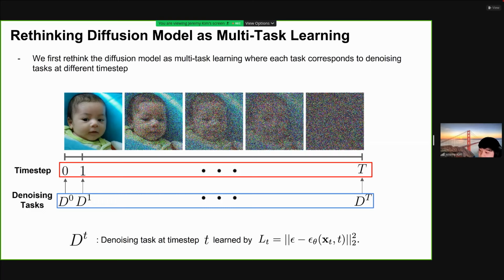However, at each time step, the noise level or noise scale varies. So this interpretation enables the diffusion model to operate as T different multitask learners, where T represents the total number of time steps.